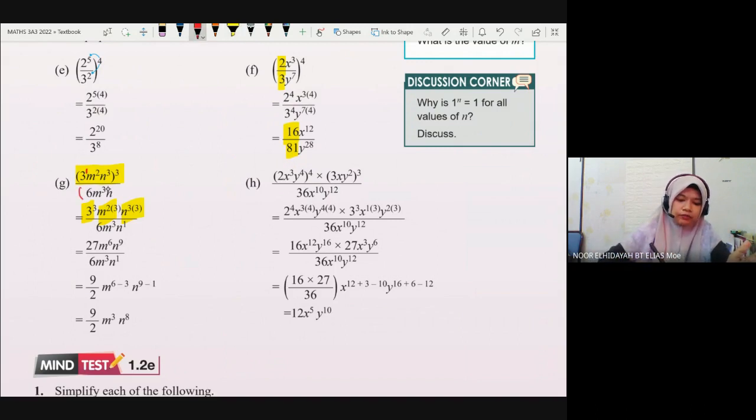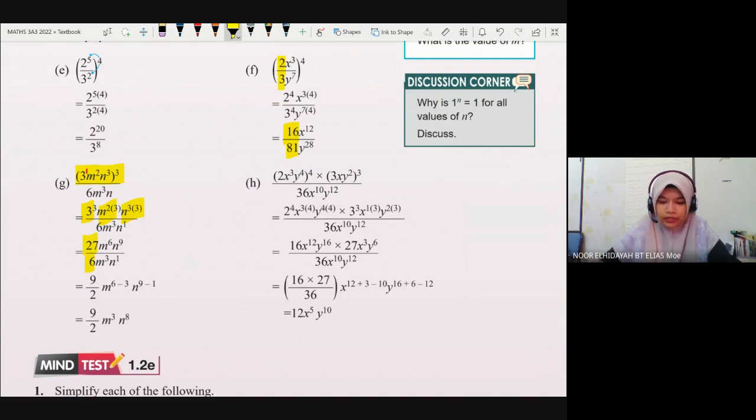Dia kalau dia ada bracket bawah ni, power of 2 let's say, you have to solve that one. Okay, now selesaikan dulu. Kemudian dah selesai, you find the value untuk 3 power of 3 because you nak simplify the coefficients. Okay, 27 dengan 6 tu you nak simplify. And then solve macam biasa menggunakan the law of indices.